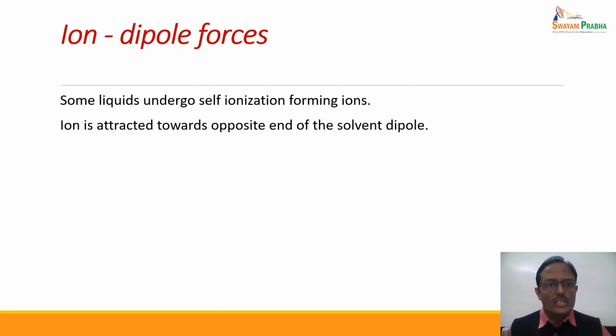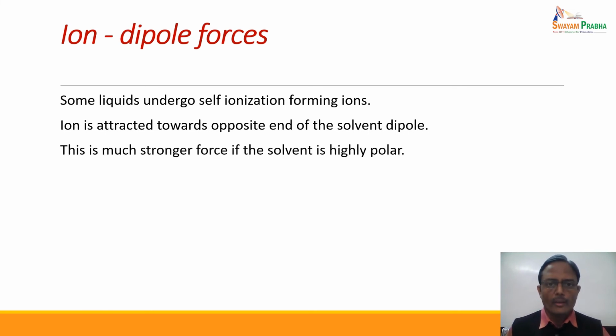Now such an ion is attracted towards the opposite end of the solvent dipole. Because water itself is a dipole or a polar molecule and it contains ions of its own, there is a force of attraction between the ion and the dipole, and this force will be very strong if the solvent is highly polar.